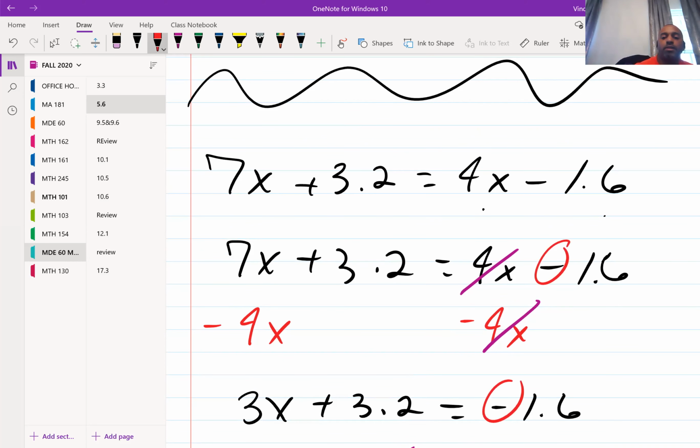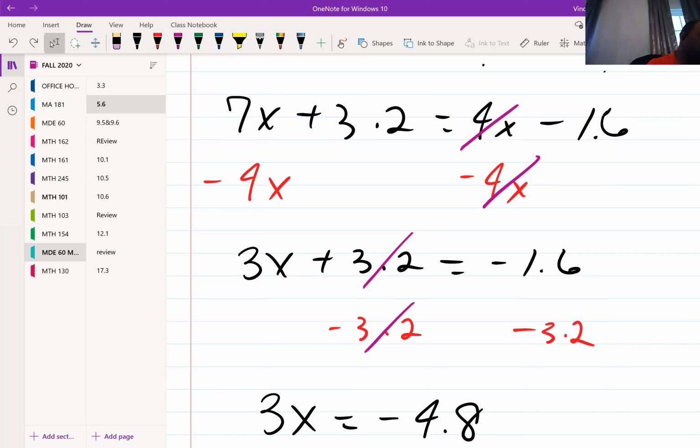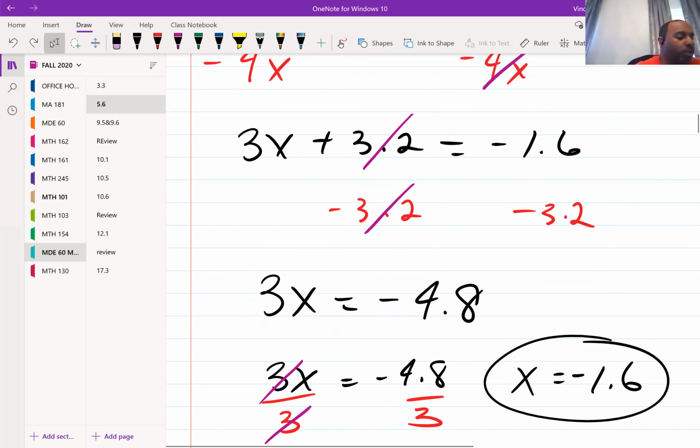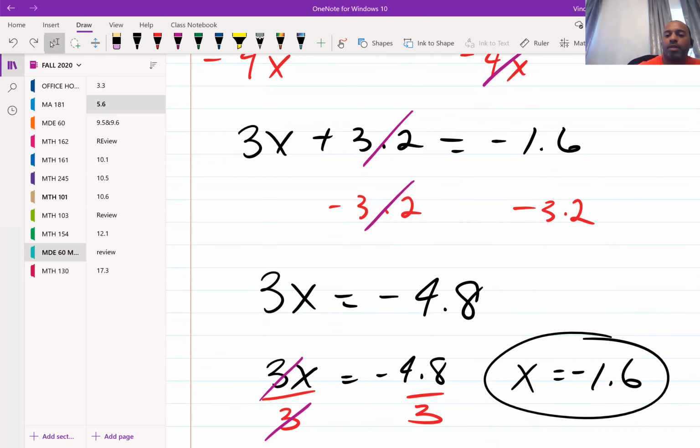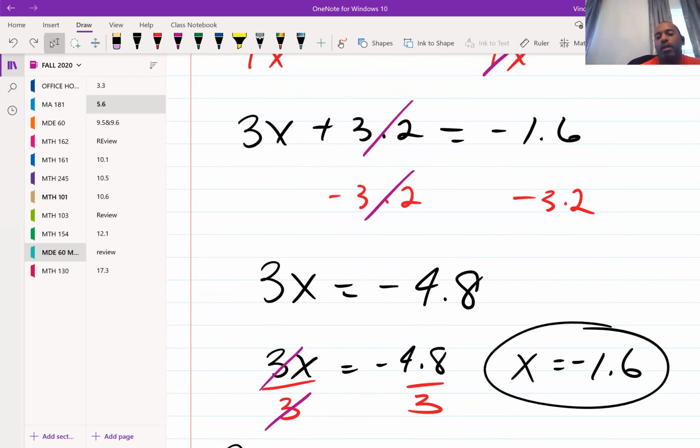And then on the right, negative 1.6 minus 3.2 is negative 4.8. All right, then to finish it off, we will divide by 3. And the solution is negative 1.6.